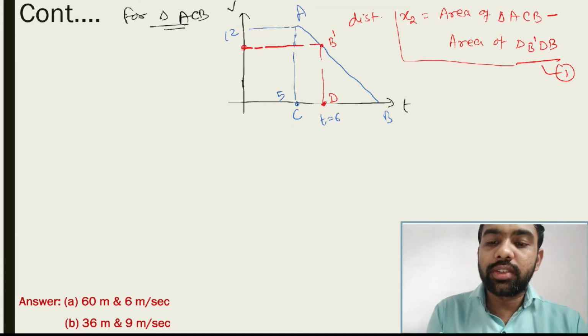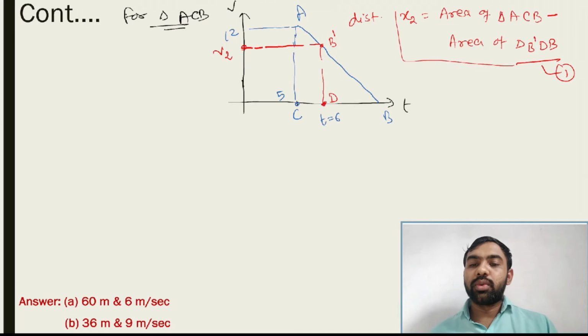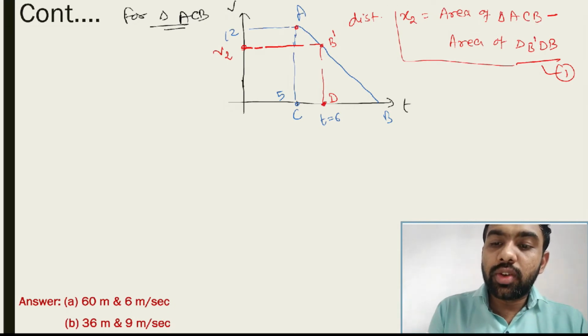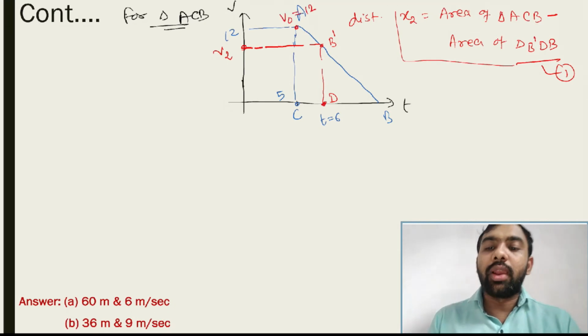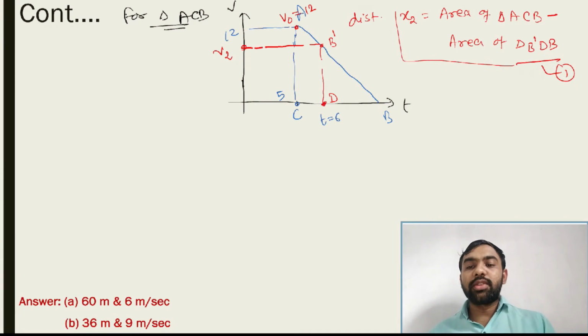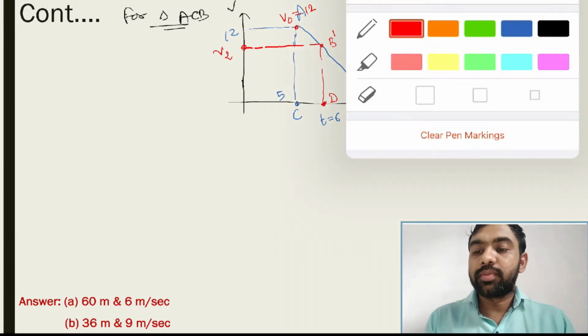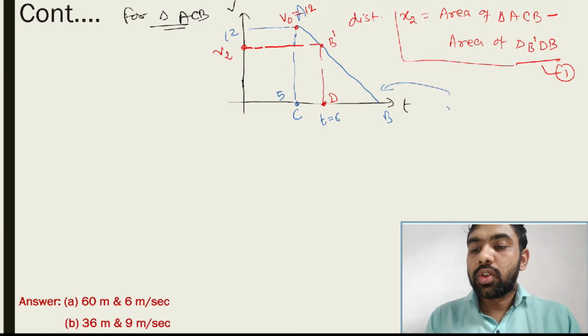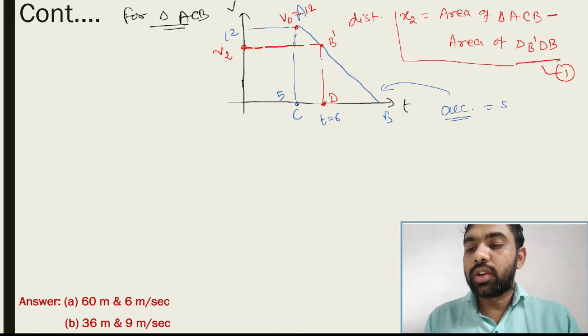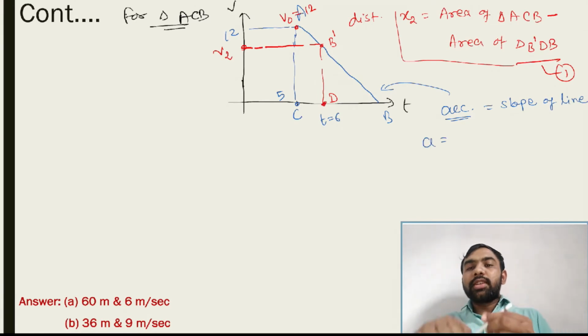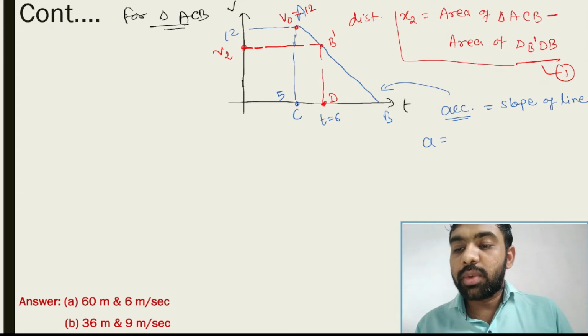What is this velocity? Consider its value V2. And here V0 is equal to 12. That is V0. What is the acceleration here? Acceleration is equal to the slope of the line. Here the slope is negative, so minus.